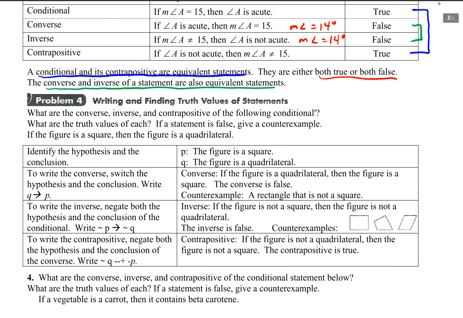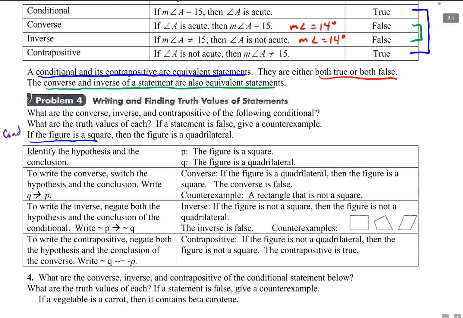So let's look at writing truth values of statements. We want to know the converse, inverse, and contrapositive of the following conditional. Find the truth values. If it's false, give your counterexample. So we have our conditional here, our if-then statement.